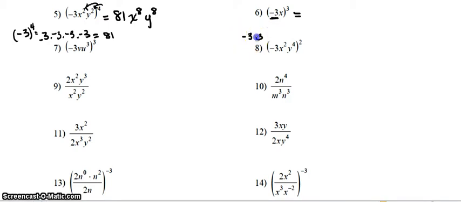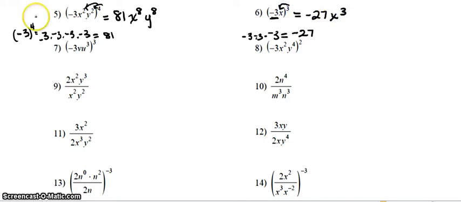Negative 3 times negative 3 times negative 3 equals positive 9 times negative 3, which is negative 27. Negative 27, and then raise the variable to the power: x cubed.